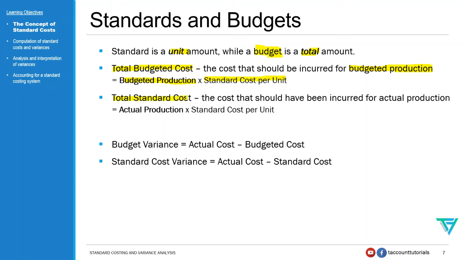Total standard costs, on the other hand, are the costs that should have been incurred for actual production, right? So what's different here is actually the production capacity used. So for total standard cost, it is actual production times standard cost per unit. So again, similarly, to arrive at the budget variance, we deduct the budgeted cost from the actual cost, and to arrive at the standard cost variance, we deduct the standard cost from the actual cost. Okay.